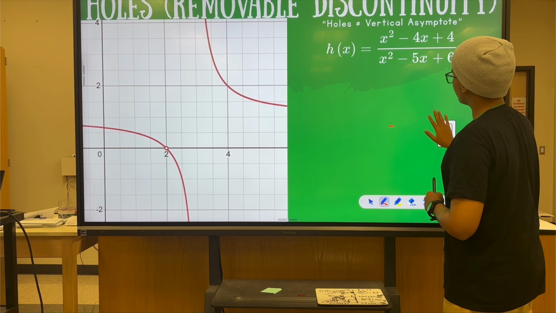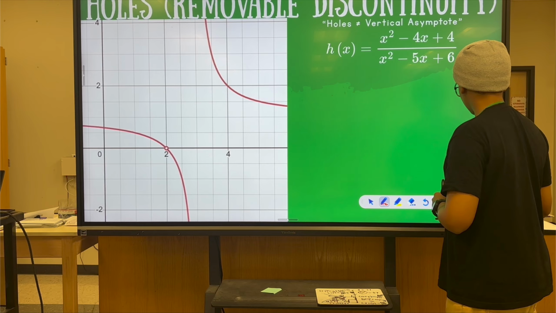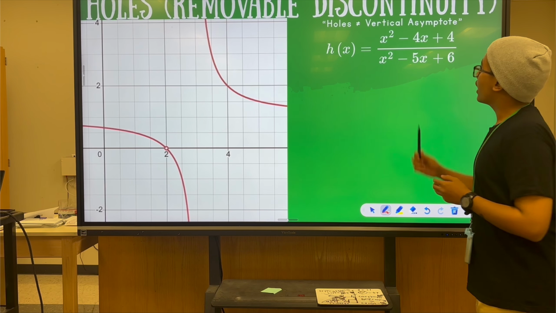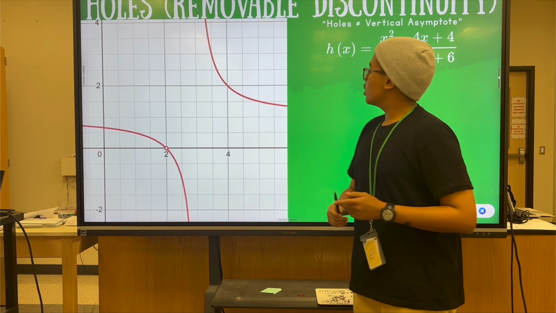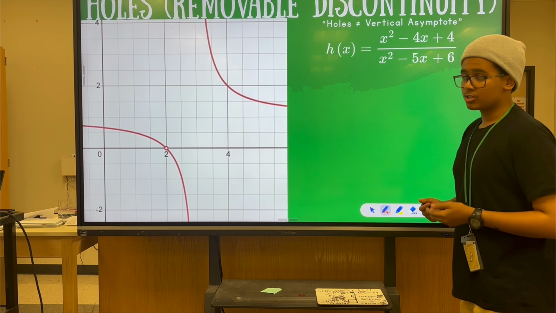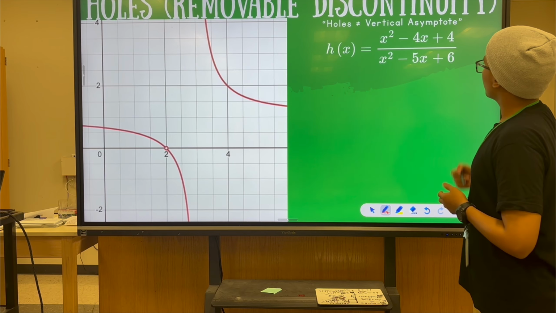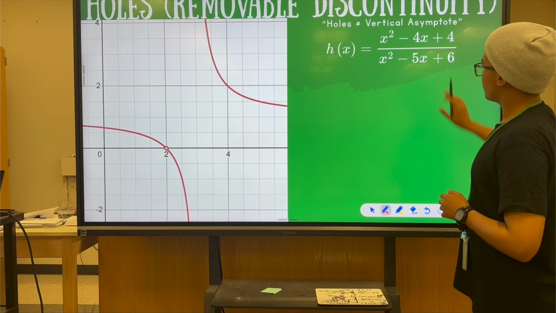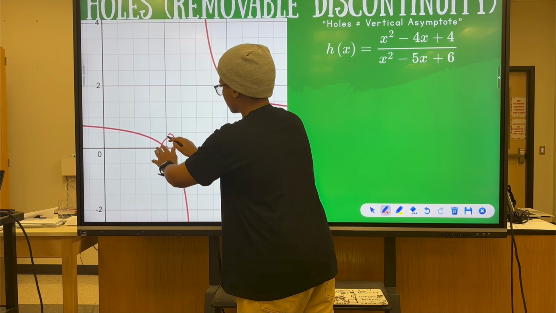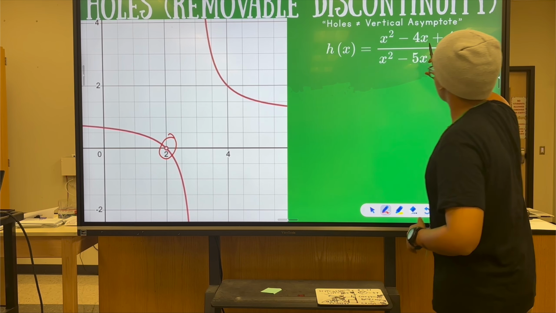So how do these removable discontinuities or anomalies occur? Oftentimes you find removable discontinuities when simplifying or analyzing the rational functions themselves. For example, say we have this rational function, which is the graph of this, and we can see it has a removable discontinuity. Let's analyze it. Let's factor it out.